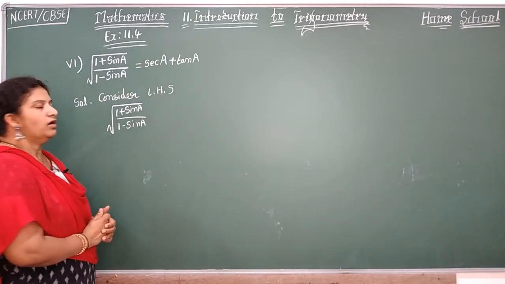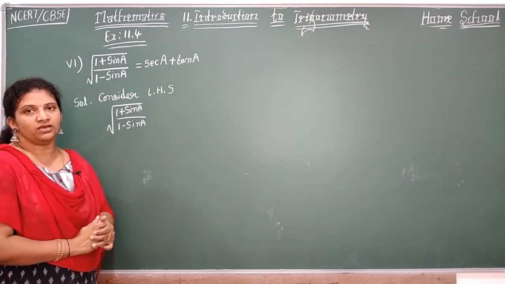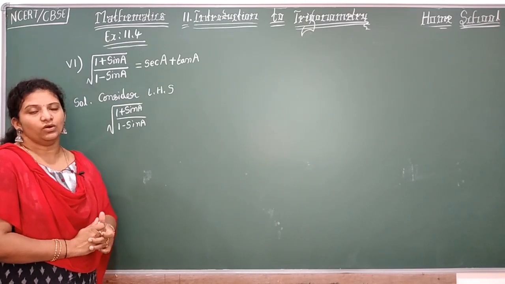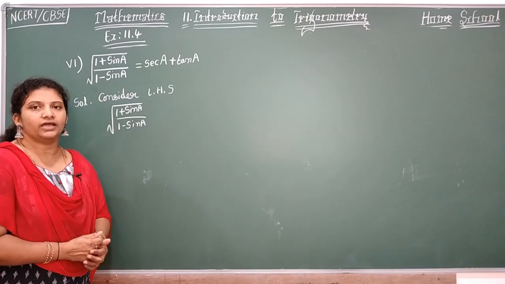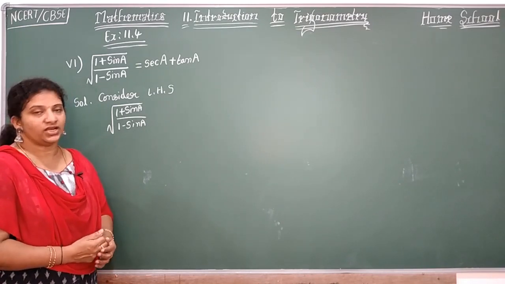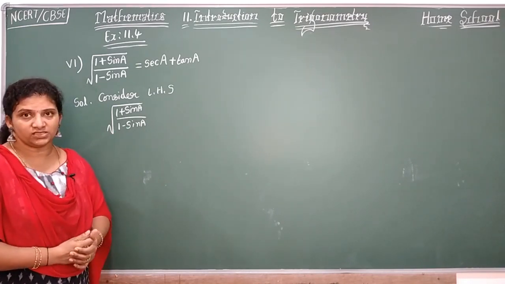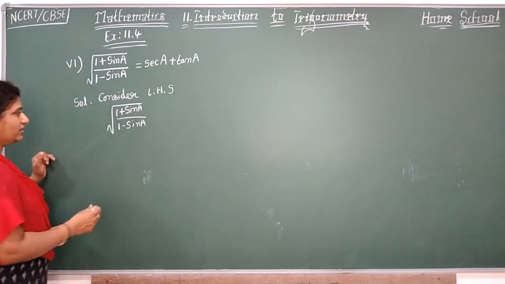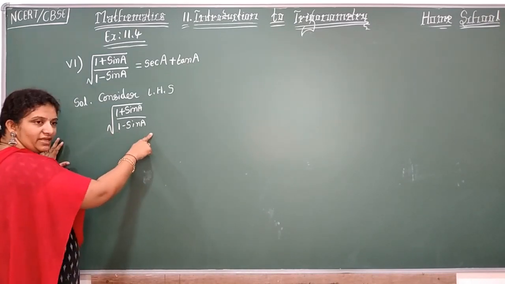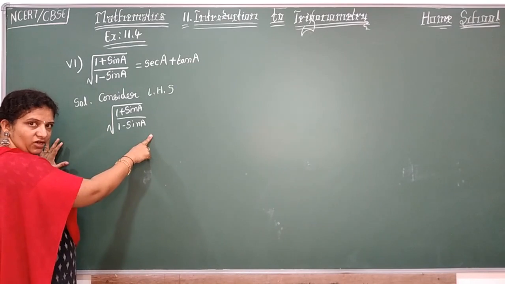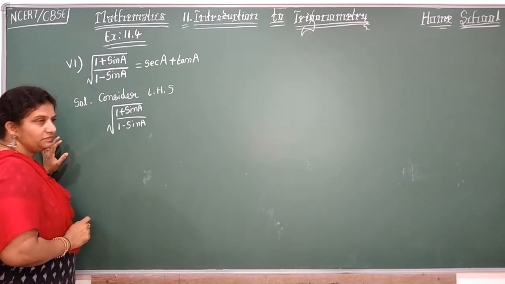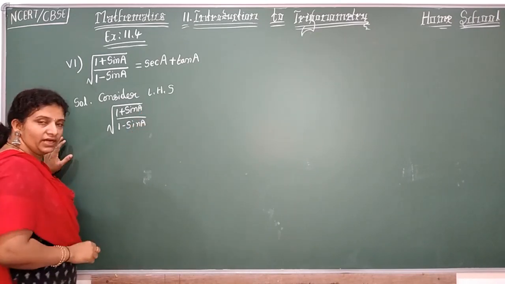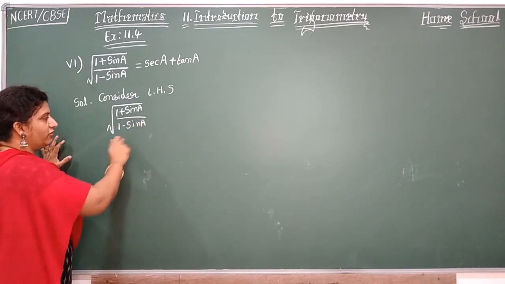So here, I remember something: rationalizing with the conjugate of the denominator. I think you know this rationalization, and what is the conjugate of this? Okay, let's start here. Conjugate of 1 minus sin A. What is the conjugate of 1 minus sin A? It is 1 plus sin A. Multiply numerator and denominator with the conjugate of this.